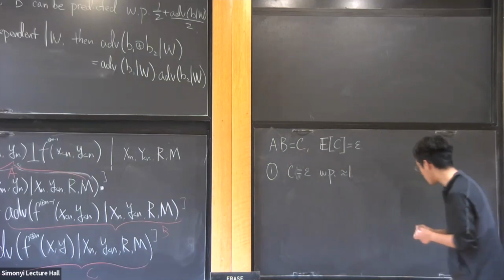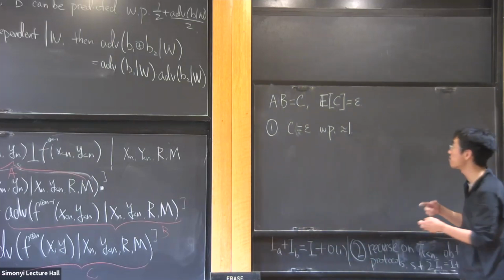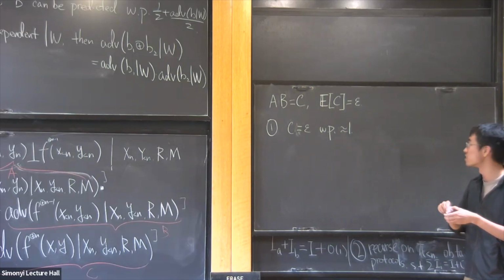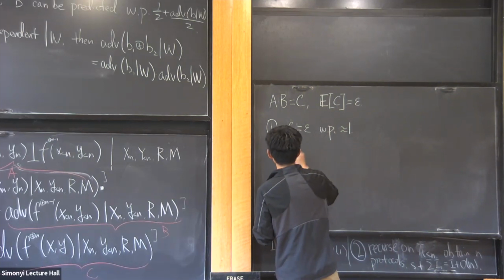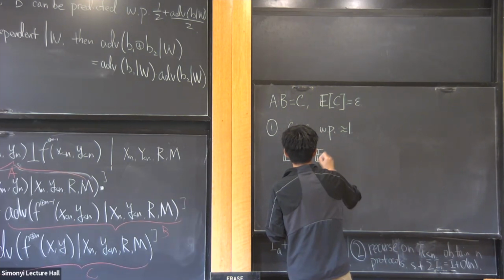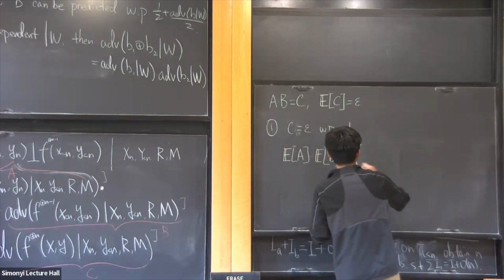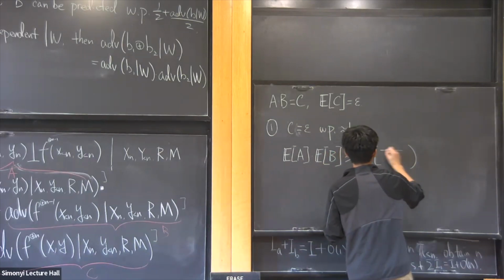It turns out that this is actually the good case, where we have the equality for expectation in the right direction. This is because, by Cauchy-Schwarz, the expectation of A times the expectation of B is at least the square of the expectation of the square root of AB. Right?